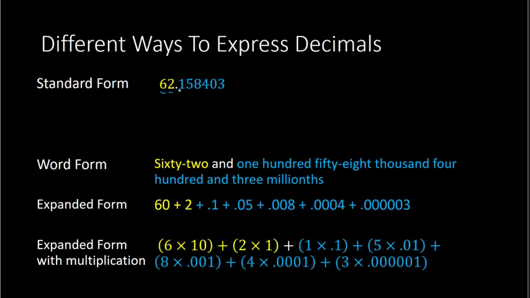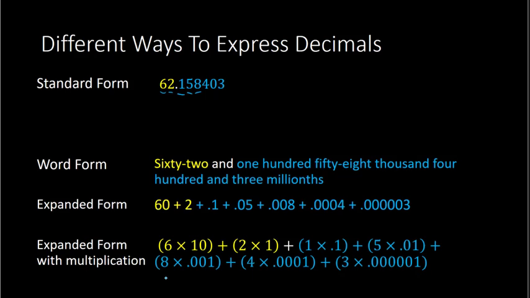And then this 1 is in the tenths place. So we have 1 times tenths, or times 1/10. So 1 times 0.1. And then the 5 is in the hundredths place. So we have 5 times 1/100th, or 0.01. And the 8 is in the thousandths place.